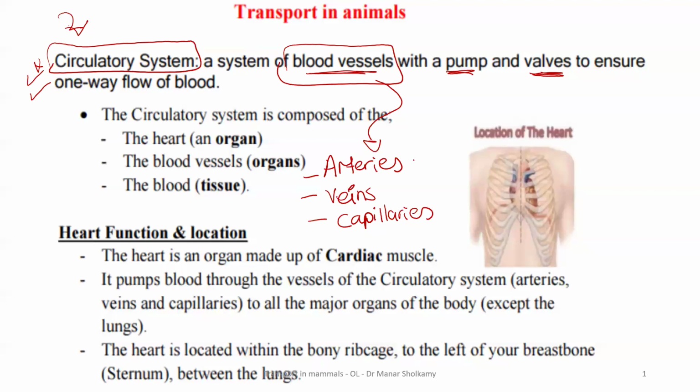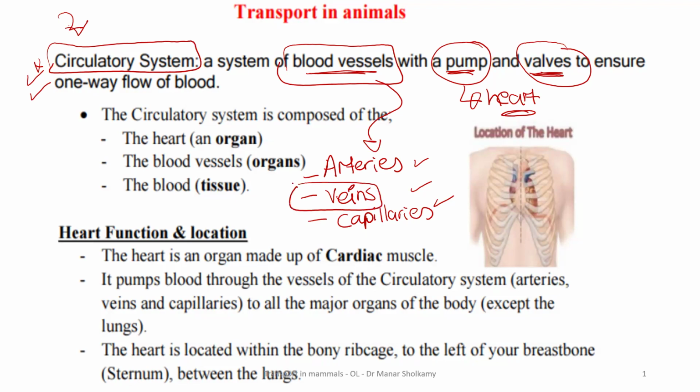Now, it's a system of blood vessels. We mentioned the 3 blood vessels that we will study in detail, with a pump. This pump here is referring to the heart, because the heart is the pumping organ that pumps the blood to different parts of the body. And valves, we will study the internal structure of the heart and we will know that we have valves inside the heart and we have valves in veins that make sure that the blood flows in the correct direction to ensure one-way flow of blood.